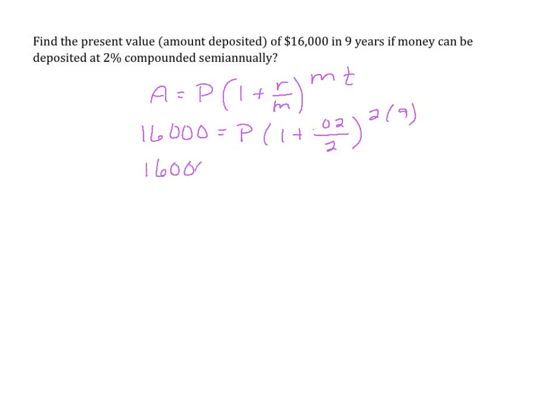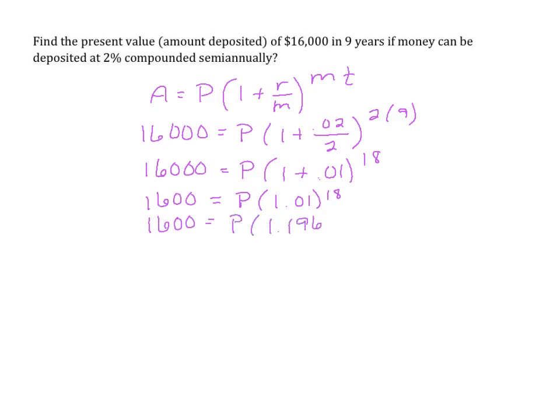So 16,000 equals P times 1 plus 0.01 to the 18th power. Using your calculator, take 1.01 to the 18th power, which should give you 1.196.